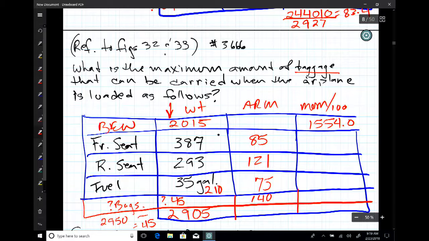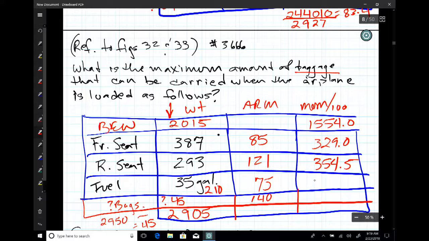So if you multiply all of those things together and divide those by 100, then what you got, because I know you got this right, is for the front seat a moment of 329.0. You got a moment for the rear seat here of 354.5.